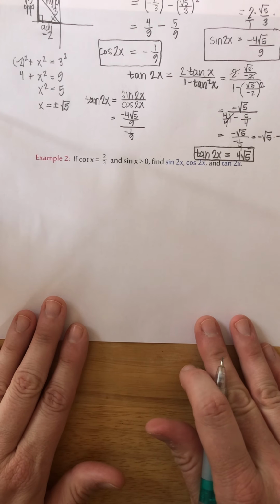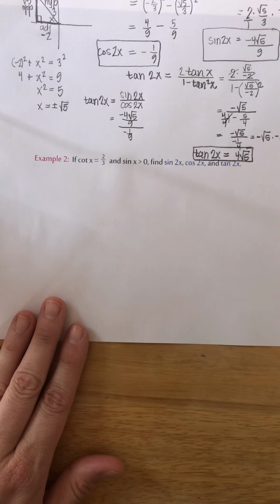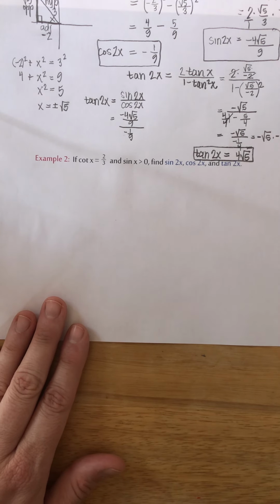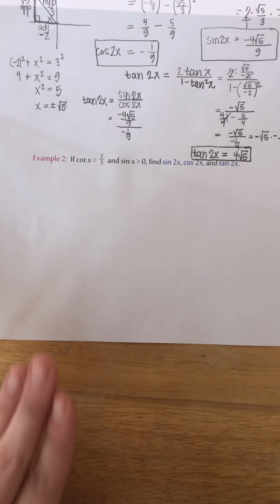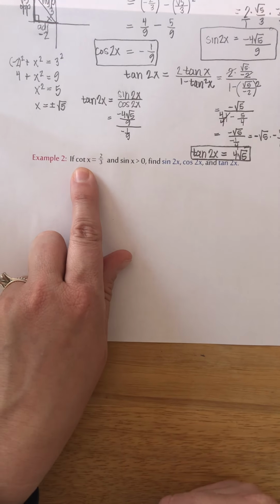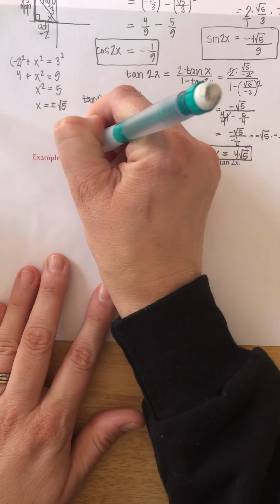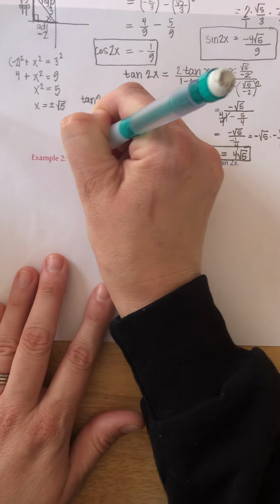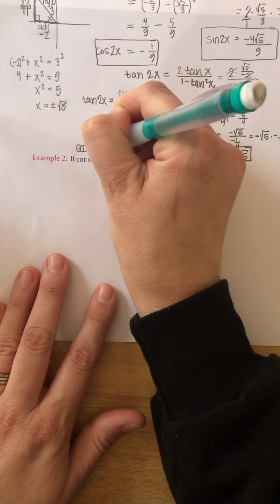All right, so example 2, it says cotangent of x is equal to 2/3, and sine of x is greater than 0. All right, so before I keep going, let's talk about this. Cotangent, where is cotangent positive? Well, all of them are positive in quadrant 1, and cotangent is also positive in quadrant 3.